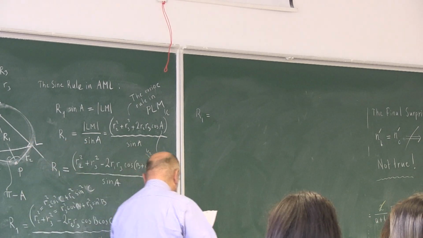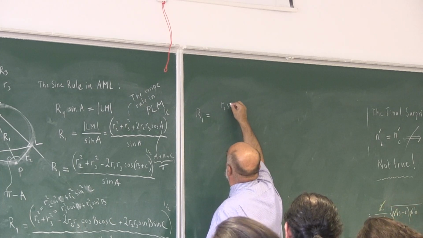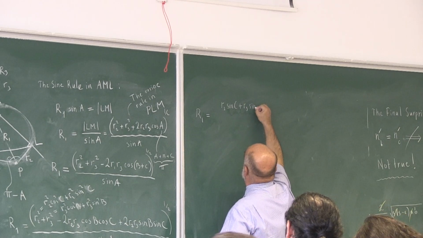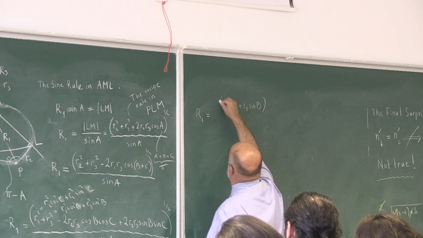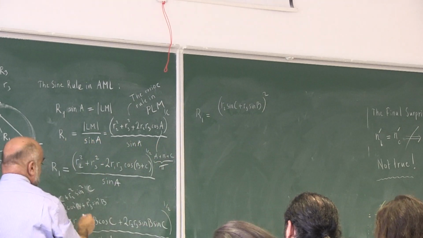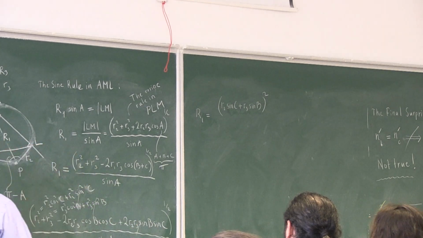So I can in fact write this as R2 sine C plus R3 sine B, squared. This, ladies and gentlemen, gives me this object, and this object all together.